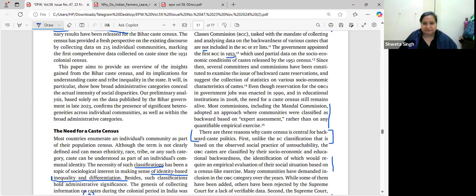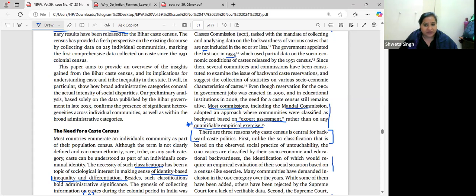When we talk about commissions, the Mandal Commission, when it later got created, was the one which created the OBC reservation. You must be aware of VP Singh's time. We can see that most commissions, including the Mandal Commission, adopted an approach where communities were classified as backward based on expert assessment. Now see this, rather than any quantifiable empirical exercise.